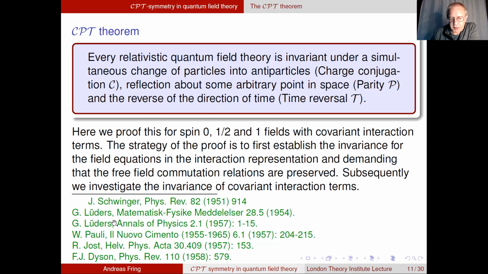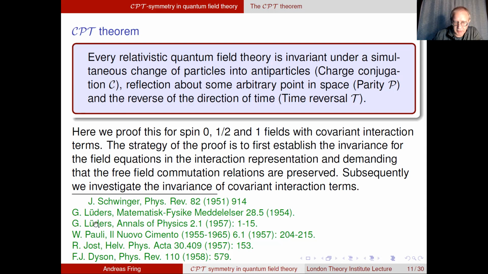And later on, people tried to prove this. And the first attempt was made by Lüders in 1954, and then improved somehow. Pauli was thinking about it as well. He found a simplification spelled out in this paper.